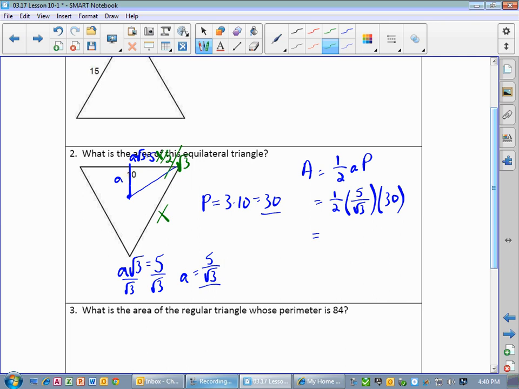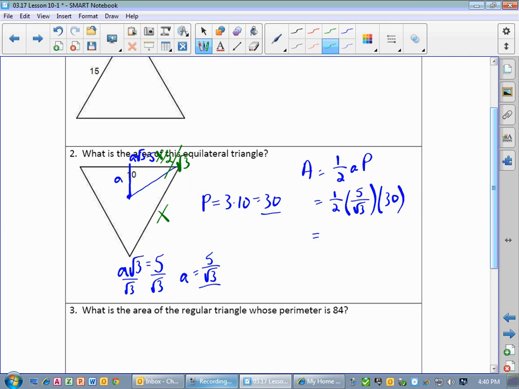And you could do the reverse, right? So if you knew the apothem, then this is always the apothem times the square root of 3. So the side length is that times 2. And so we'd have the apothem times the square root of 3 times 2, and the perimeter would be 3 times that.